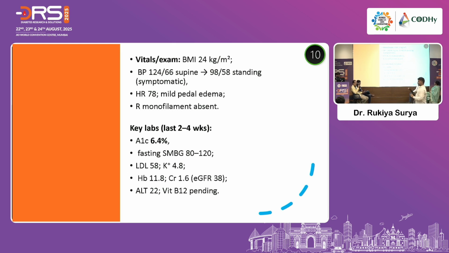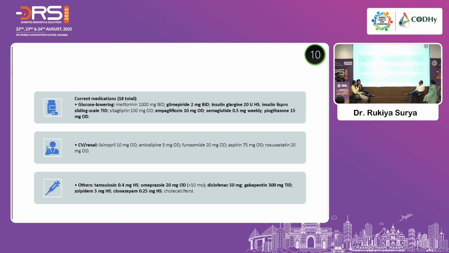He, a 78-year-old gentleman, has all the anti-diabetes medicines that we know. He is on sulfonylureas, he is on pioglitazone, he is on insulin, he is on sitagliptin. He is on a GLP-1 receptor agonist, and in total he is getting more than 18 medicines.